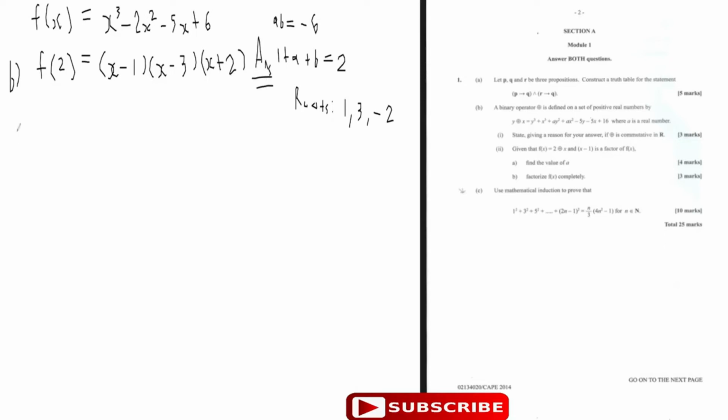Now let's look at part C. Part C is a proof by mathematical induction, and it wants us to prove that 1 squared plus 3 squared plus 5 squared plus and so on, plus 2n minus 1 squared, is n over 3 times 4n squared minus 1. So all of that, you can call it a statement Pn, where we're summing from r equal 1 to n of 2r minus 1 all squared.